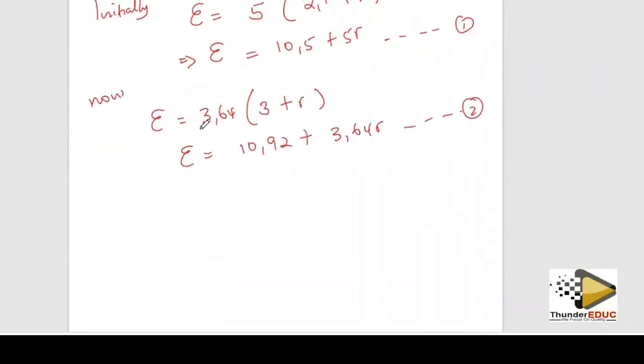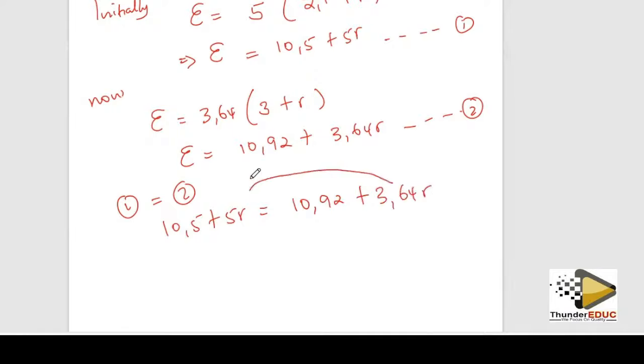Since the EMF is the same, I can equate equation 1 and equation 2. So that my 10.5 plus 5R is equal to 10.92 plus 3.64 small r. Let me move the r's this side. Let me move the constant that side. So 5 minus 3.64 is going to give me 1.36 r.